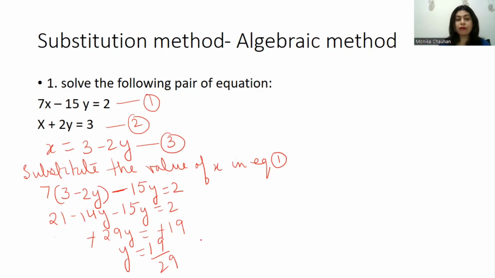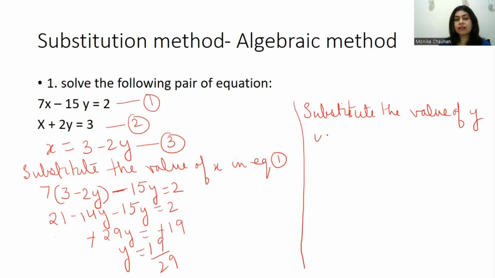Now you got the value for y. I want it for x also. Whatever value for y you got, you need to again substitute the value of y in equation 3. So again, further substitute the value of y in equation 3.